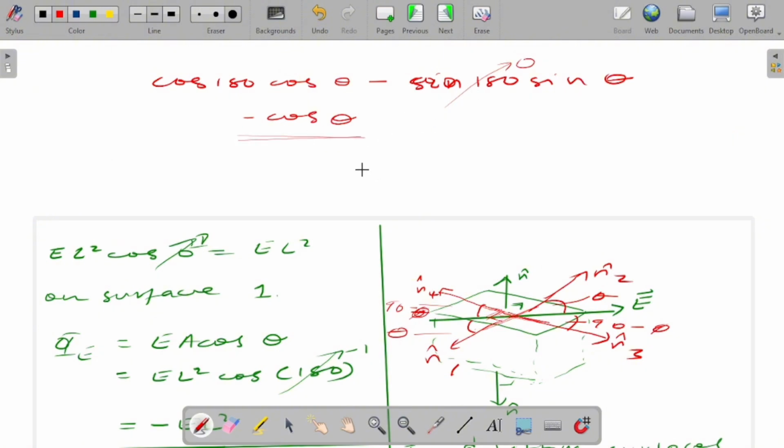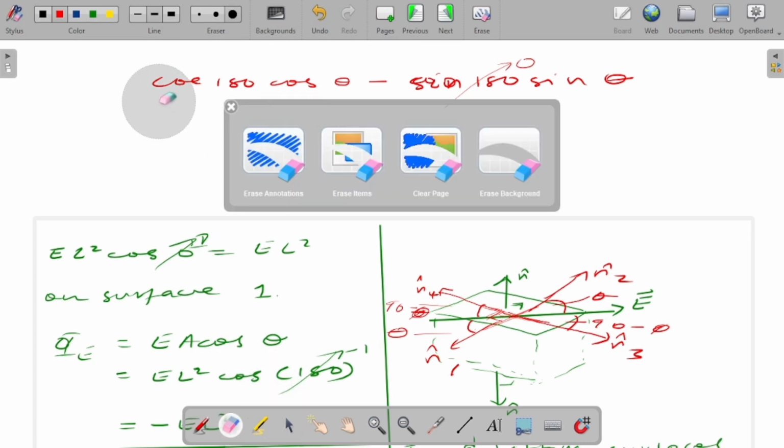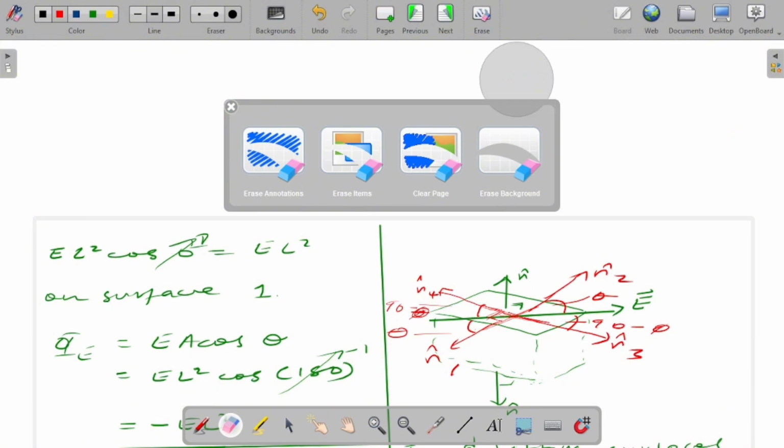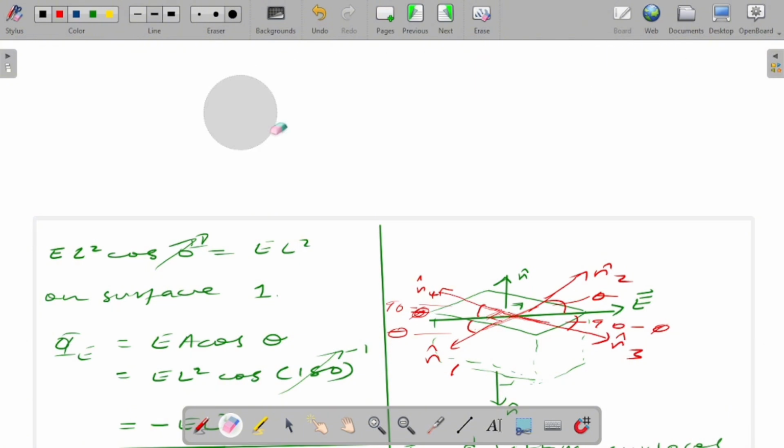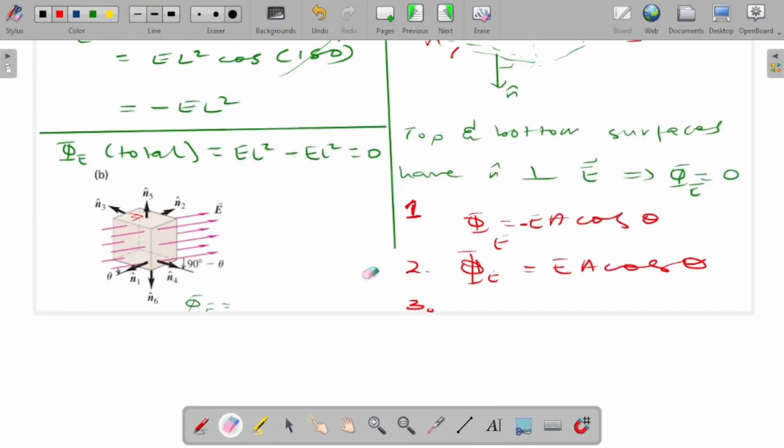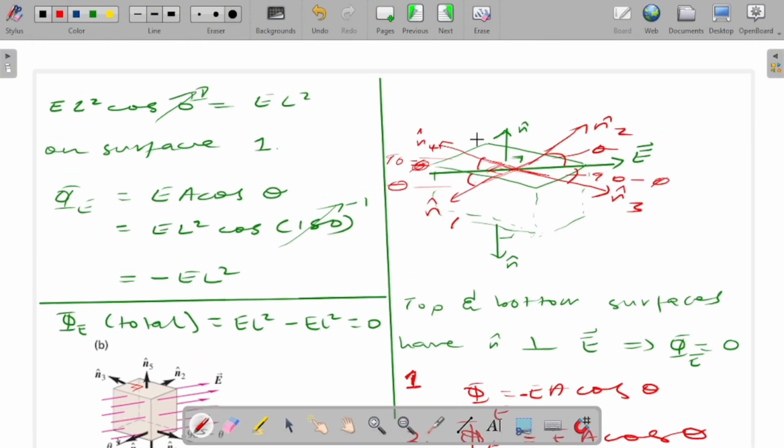So why are you adding 180? Are you saying we shouldn't use this vertically opposite thing that we used, but instead we should add 180 so that we transform to this part?